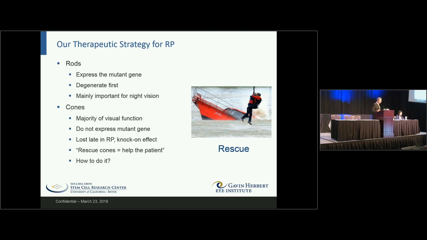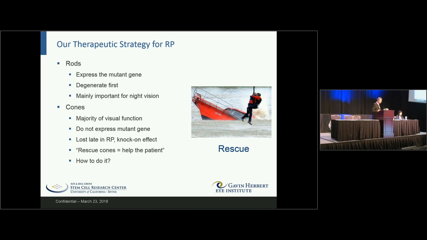Here's the rationale for it. The rod photoreceptor is the one that expresses the mutation, whatever that mutation is, and those rods degenerate first. However, that is not seriously disabling because it mainly creates issues for night vision.